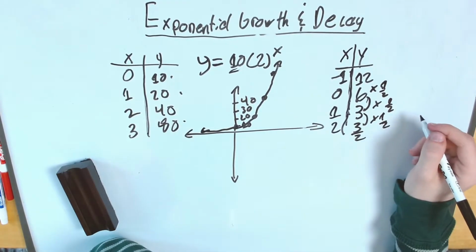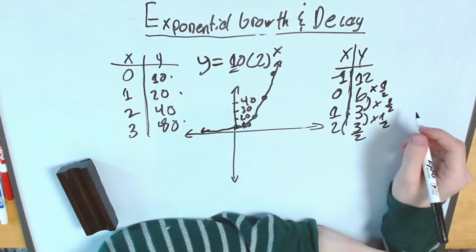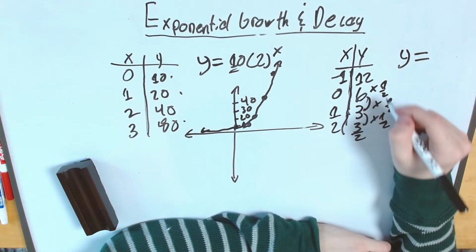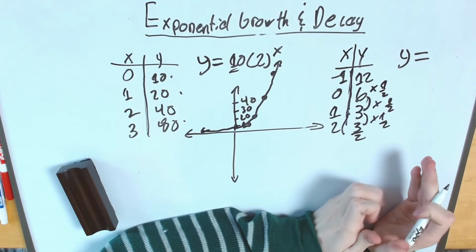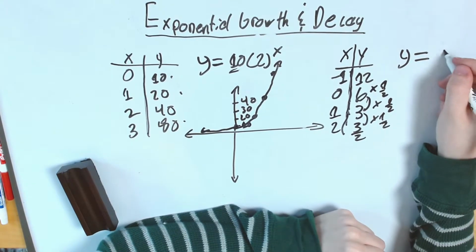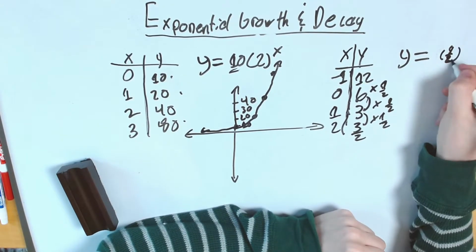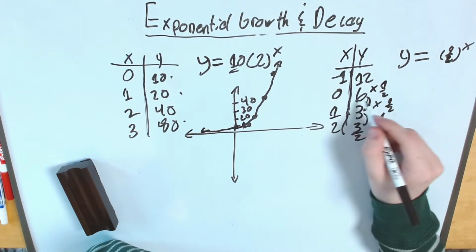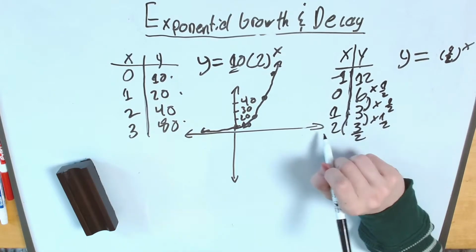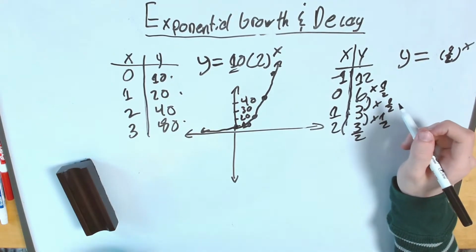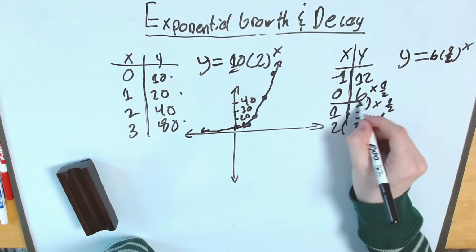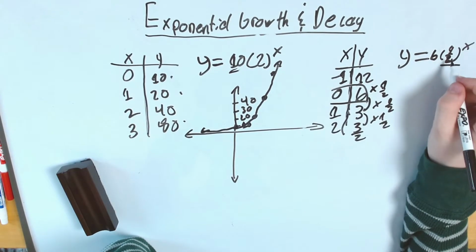So I say, I need to model this. So I know I have 1/2 as my rate, right? So I'm going to have something times 1/2 to the x. In this case, I notice, hey, that's probably going to be 6, right? Because 6 times, at 0, when this is just 1, this is 6.